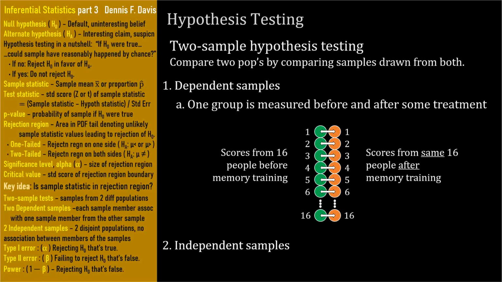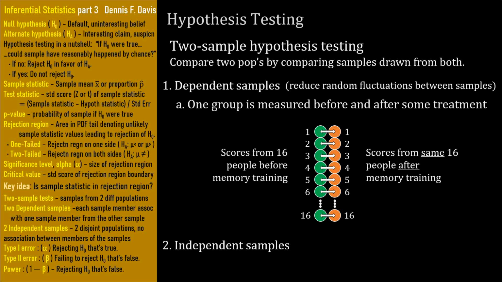This will be the first two-sample hypothesis we'll test, but I want to talk a bit more about dependent and independent samples first. The purpose of dependent samples is to reduce extraneous random fluctuations between the two sample groups, so that any differences we observe can be attributed to the treatment we're trying to evaluate.